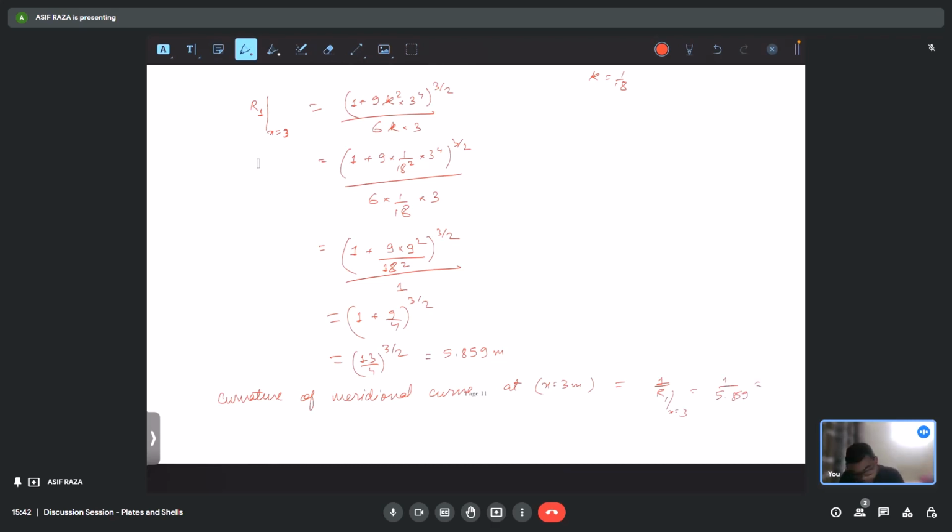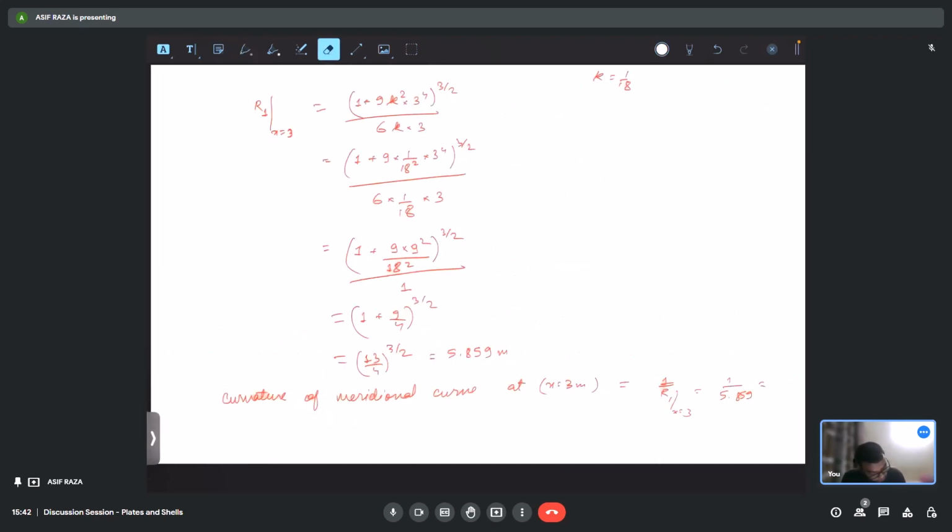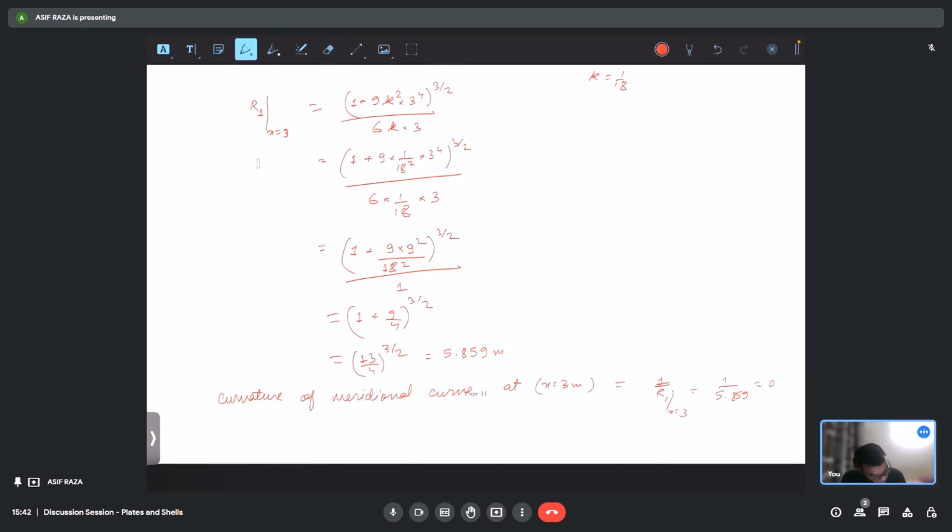This would be equal to 0.17 meter inverse. Okay, let me write it clearly here: 0.17 meter inverse. So this is my answer.